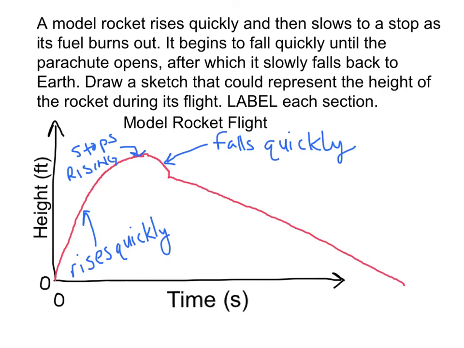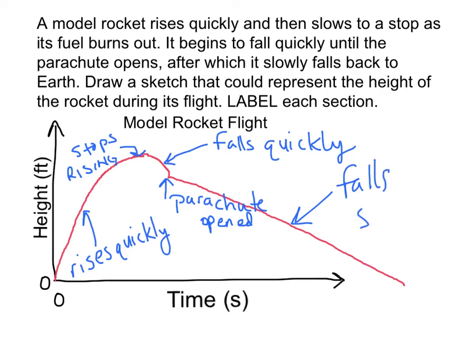And then what happened right there? The parachute opened. And then what happened in this last line? It fell at a constant rate. So then it falls at a constant rate, or you could say it falls slowly. But there we just represented each part of that graph that was told to us in our problem.